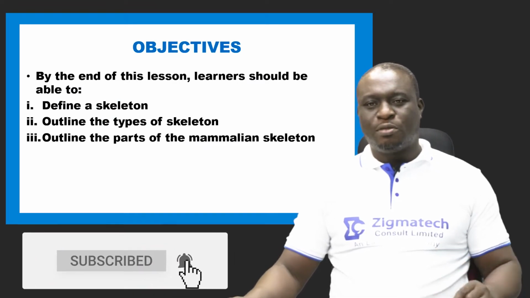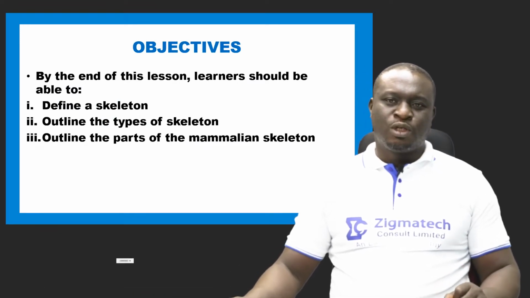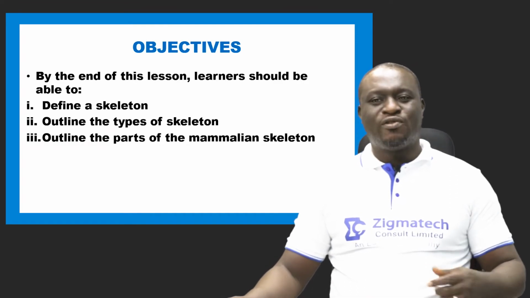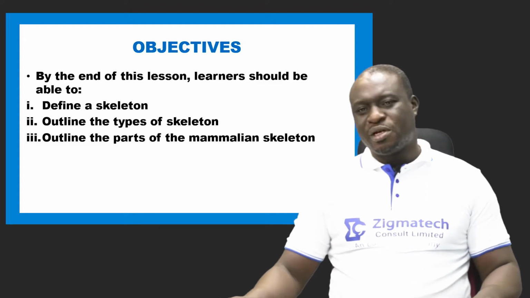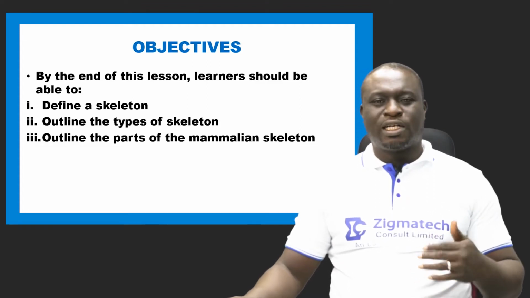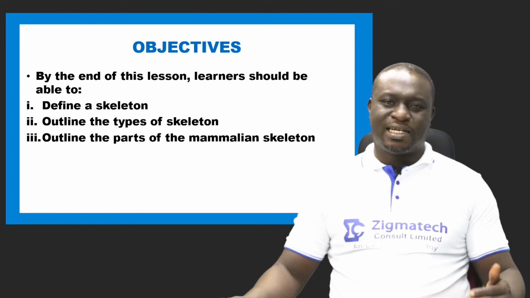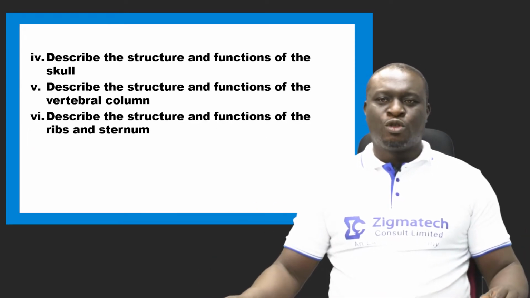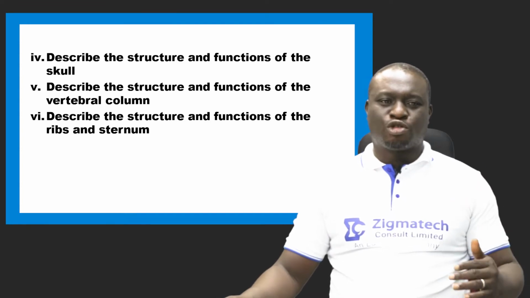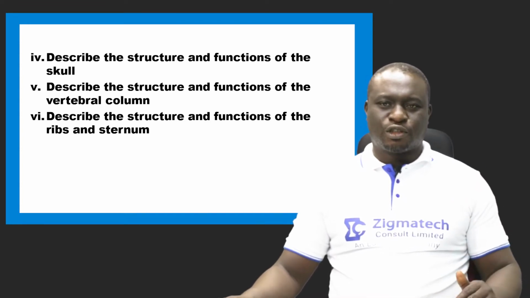Number one, you should be able to define a skeleton. Number two, you should be able to give an outline of the types of skeletons we have. Number three, you should also be able to tell us the parts of the mammalian skeleton, how it is divided. Number four, you should be able to describe the structure and functions of the skull.